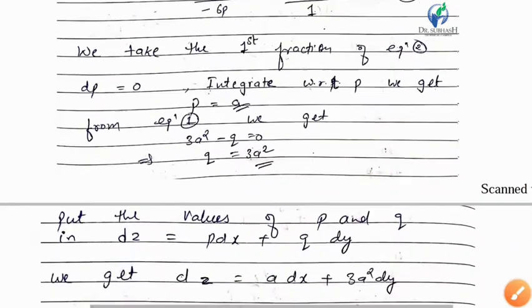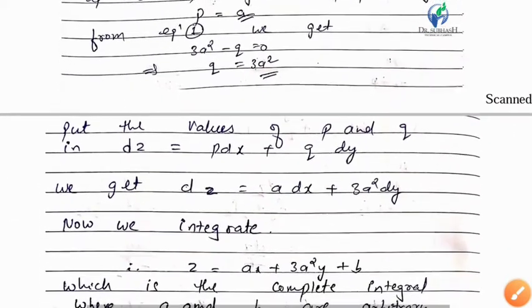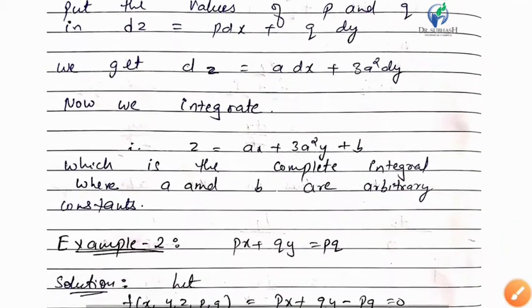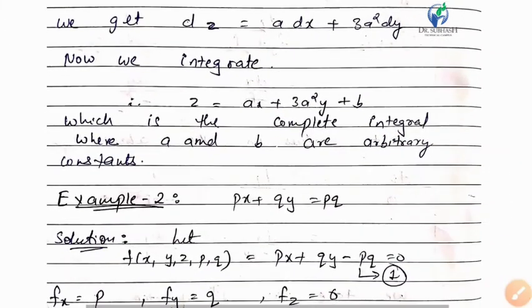Now, after I get the value of p and q, I will put this value in the equation dz equal to p dx plus q dy. So I get dz equal to, the value of p is a and the value of q is 3a square, so I am putting here. Now we can see here that from this equation there are no p and q. Now I can integrate this equation easily.